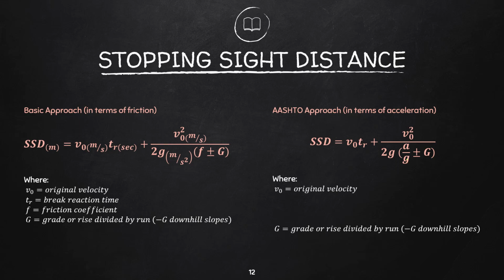V sub 0 and TR are the same. A is the deceleration of the vehicle. So if in the problem you were given a deceleration rate, of course, in dynamics, that is considered to be negative. But for this one, since that is defined as deceleration already, it is already known that it should be negative.